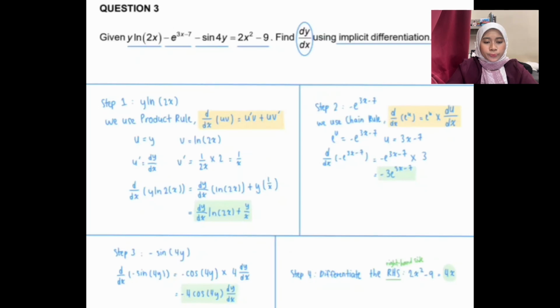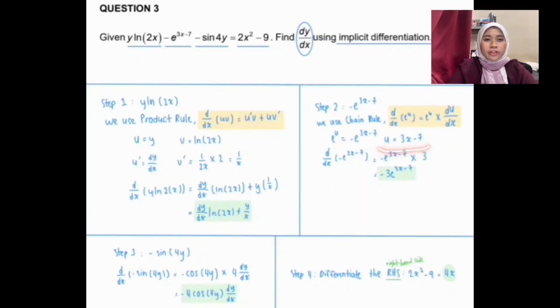Step 2 is we're going to differentiate negative e power of 3x minus 7. We use the chain rule, which is d over dx of e^u equals e^u multiplied by du over dx. So e^u is equal to negative e power of 3x minus 7, and u is equal to 3x minus 7.